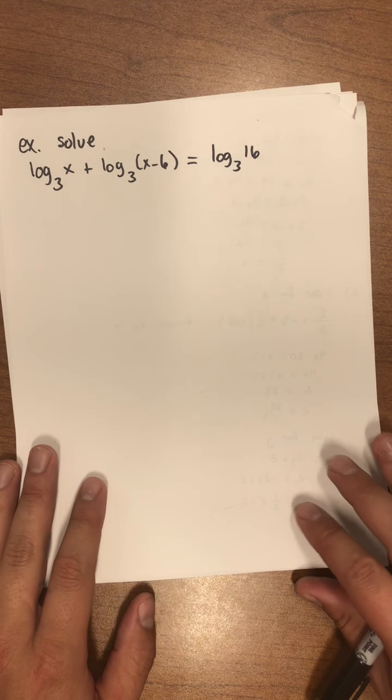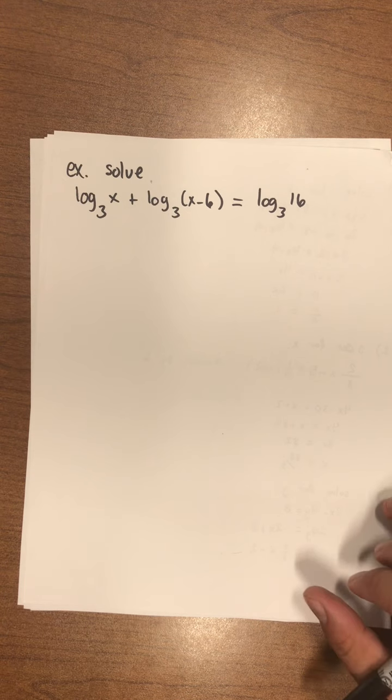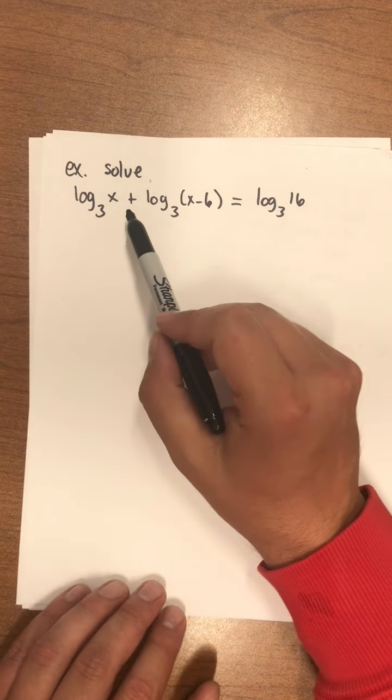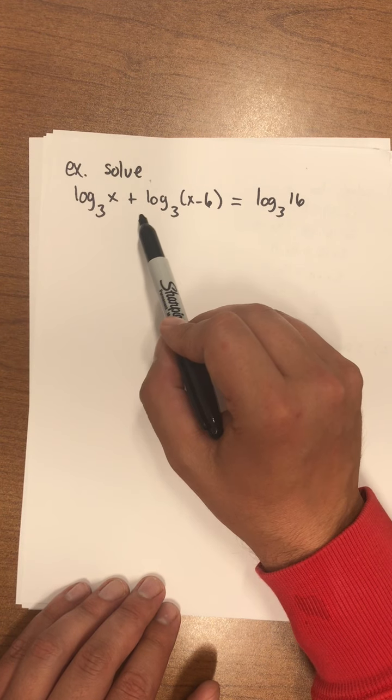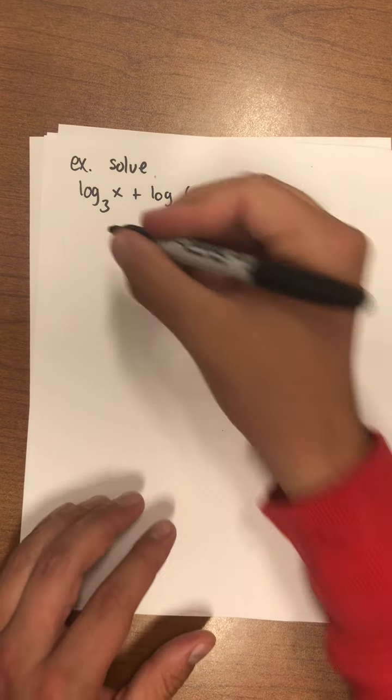Okay, and let's take a look at something that is going to use the product rule for logarithms. So if we have two logarithms with addition, and then they have the same bases, we can rewrite that as a single logarithm with multiplication.